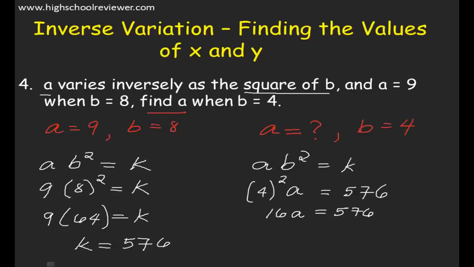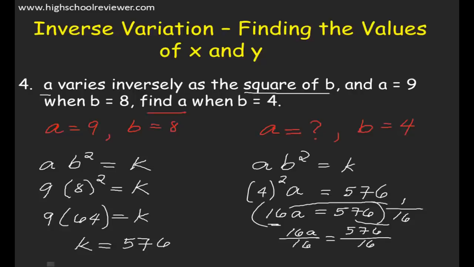To find for a, we need to cancel out 16. So divide both sides of the equation by 16. So this will be 16a times 1 over 16, that is 16a all over 16. And 576 times 1 over 16, that will be 576 divided by 16.